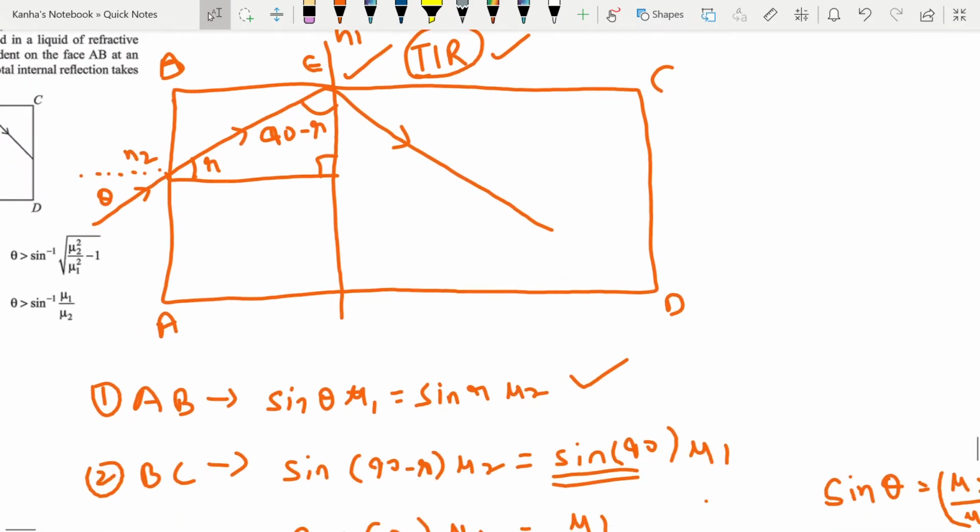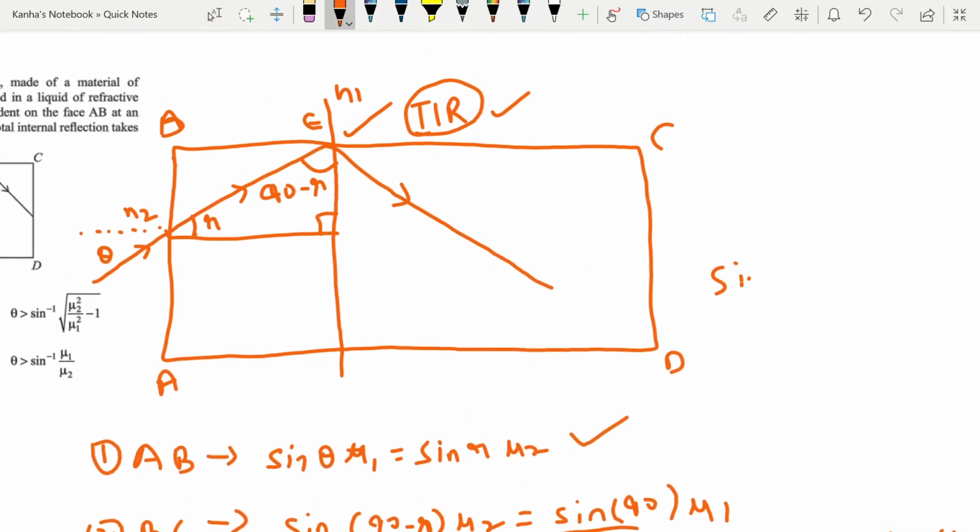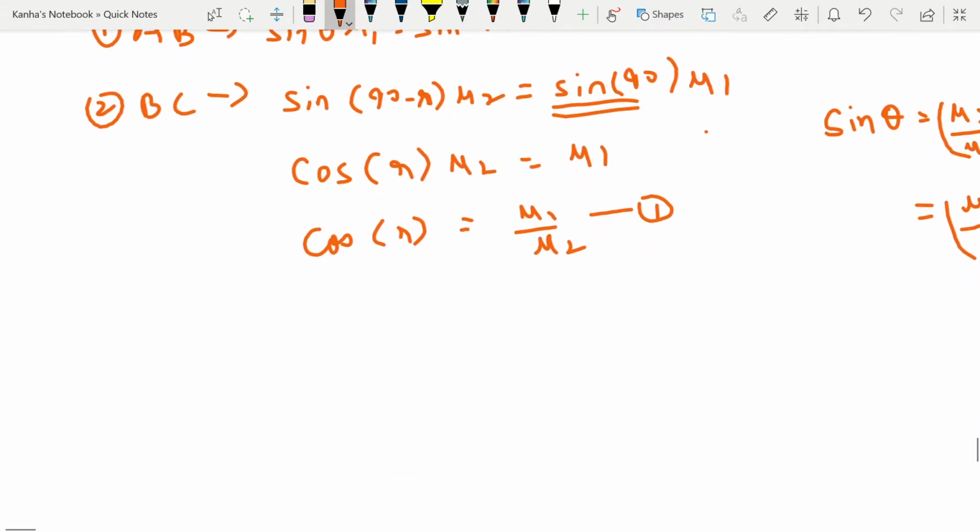Because sine theta into mu is a constant for Snell's law, your angle theta is denoting what will happen right here, and similarly 90 minus r. So that is why.